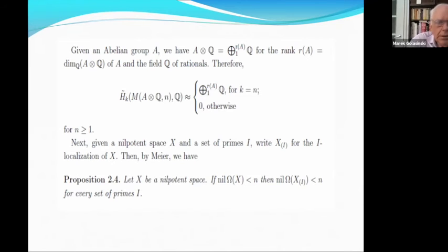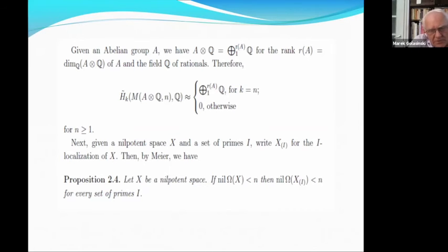Okay, and next, given a nilpotent space X and a set of primes, we consider the localization of this space with respect to this set of primes. Then by Mayer's result, if X is a nilpotent space, and suppose that the nilpotency of omega X is less than or equal to n, then the nilpotency of the localization is also less than or equal to n.